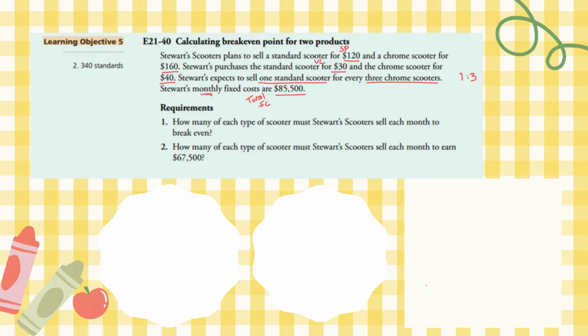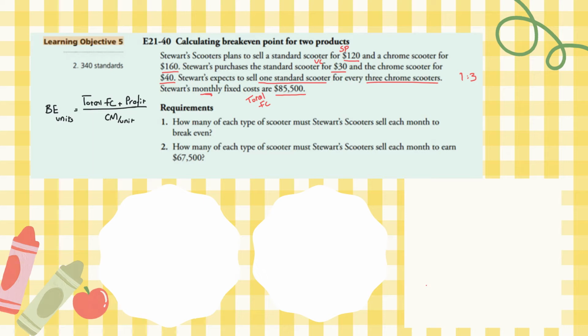Now, requirement number 1: how many of each type of scooter must Stewart Scooters sell each month to break even? So he's asking for the break-even point in units. The equation for the break-even point that we used before is break-even sales in units equals total fixed cost plus profit or income, divided by contribution margin per unit.